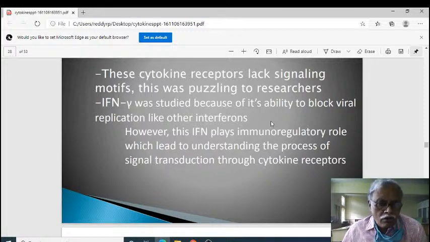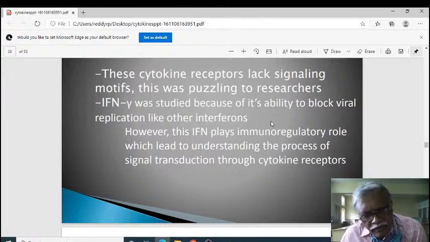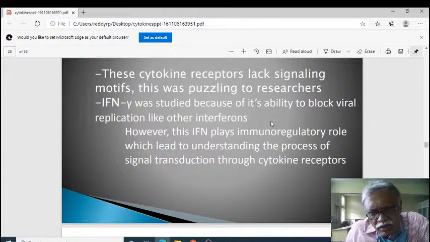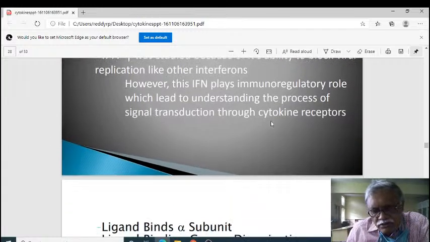Interferon gamma was studied because of its ability to block viral replication, like the other interferons. However, this interferon plays an immunoregulatory role and can lead to understanding the process of signal transduction through cytokine receptors.